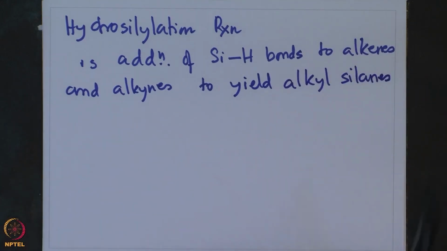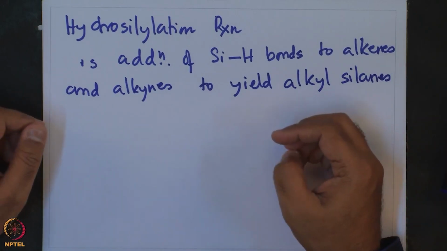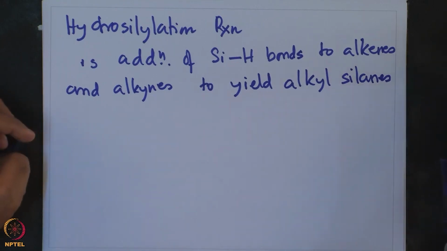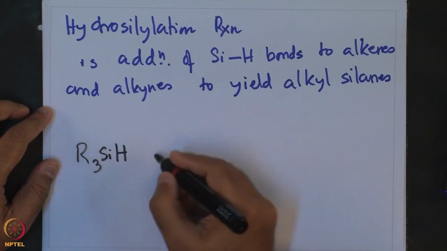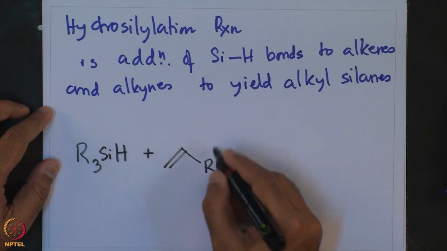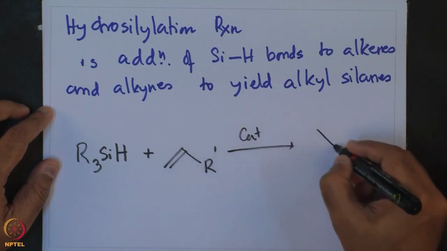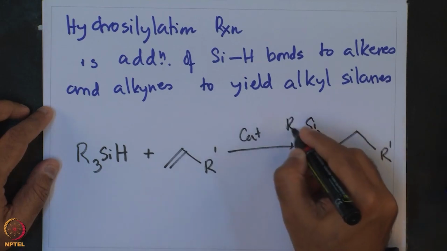Now, this is a very general method, the most trusted method for preparation of alkyl silanes, and it is exemplified by this reaction: trialkyl silane R3SiH plus olefin in the presence of a catalyst, giving R'-SiR3.